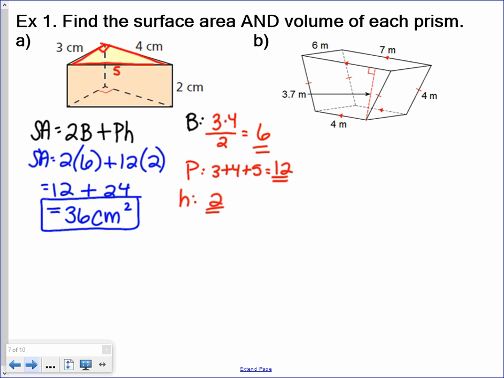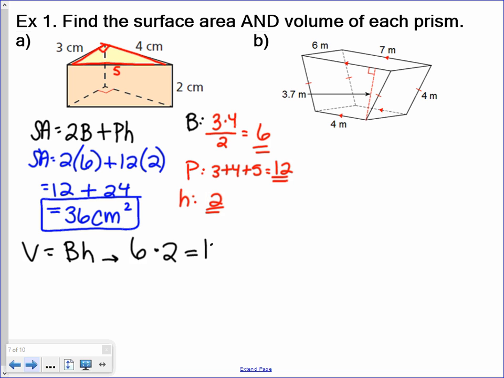Okay, volume is just a different formula, but you actually have all the variables that you need. Volume is just the area of the base times the height. The area of the base times all of the height that it takes up. So your area of your base was 6, and your height was 2. 6 times 2? 12.